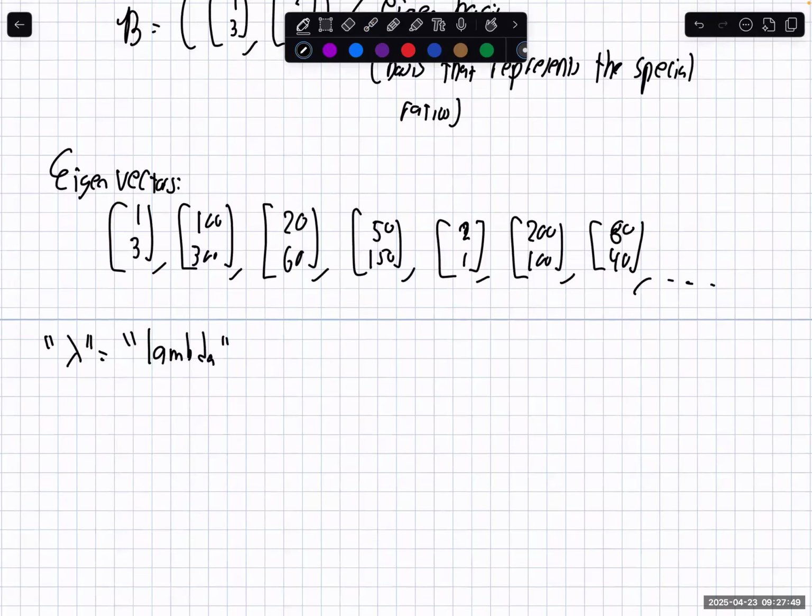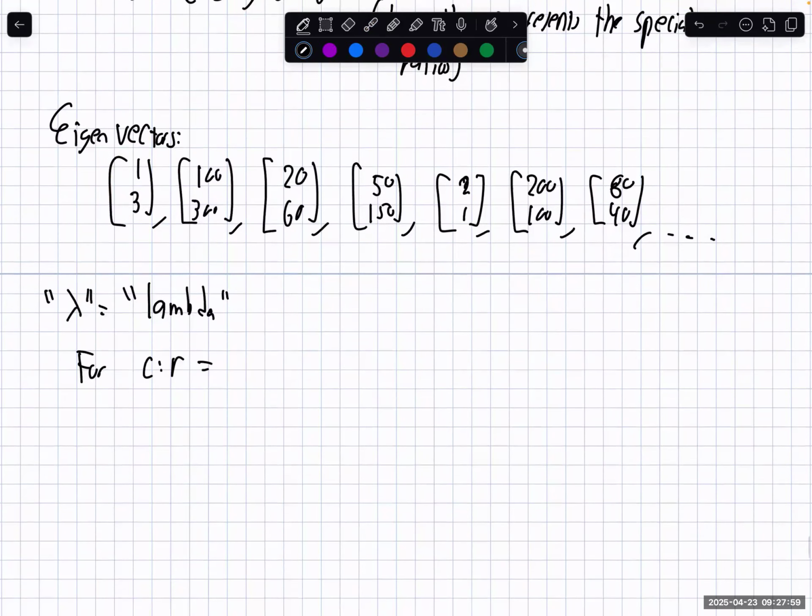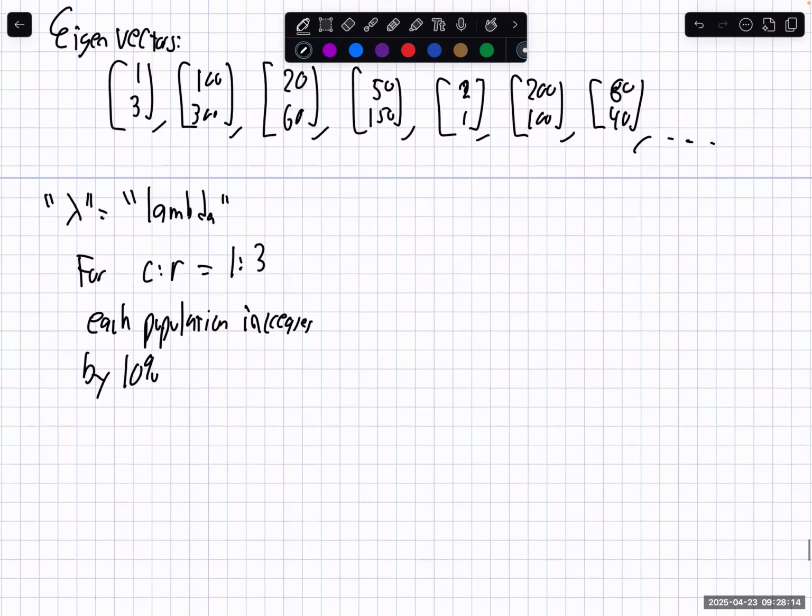this is the Greek letter lambda. Okay. When the coyote to roadrunner ratio is 1:3, we know each population increases by 10%.